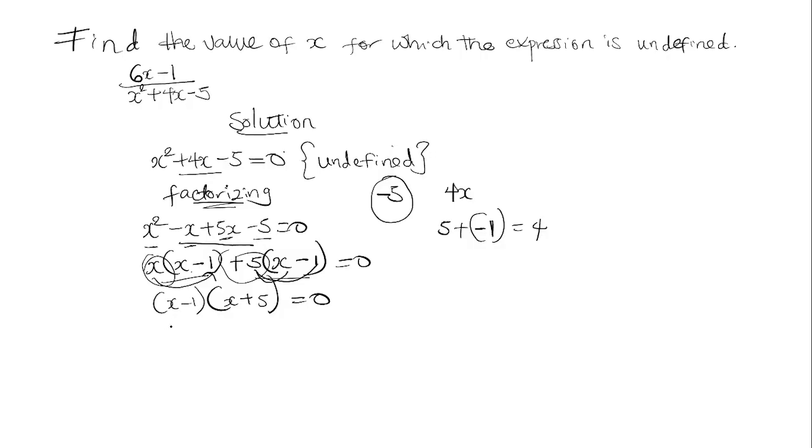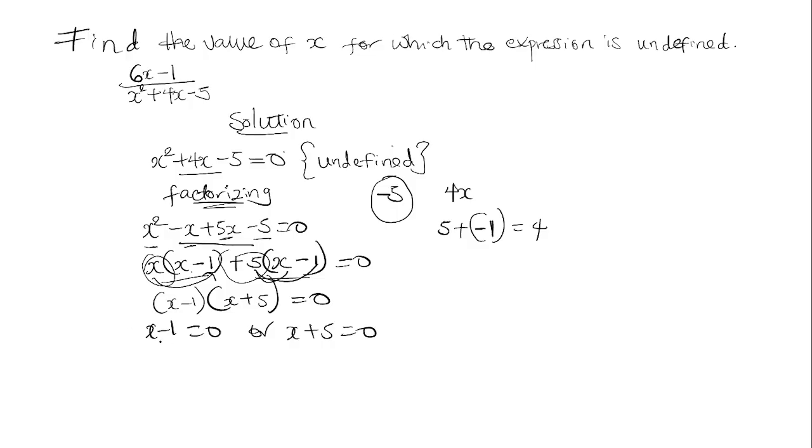Now, this is how to get our final answer. We've gotten two factors already, x minus 1 and x plus 5, and the product of them is equal to 0. So we can separate them by having x minus 1 is equal to 0, or the second factor, x plus 5 is equal to 0.